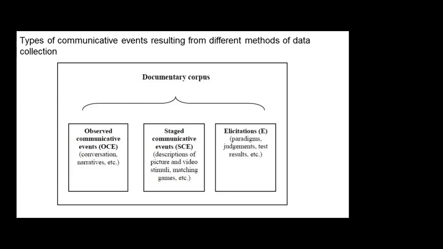This is a little bit different from the observed communicative events. And the last but not least, elicitation. It's when we have paradigm judgments and test results as types of communicative events during the process of data collection. This is all that I wanted to tell you about an article by Lübke.